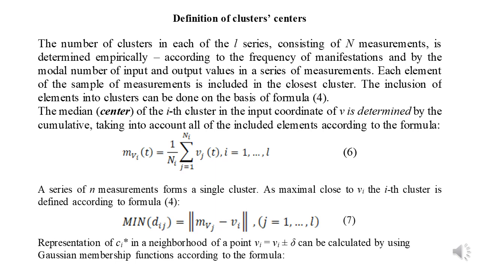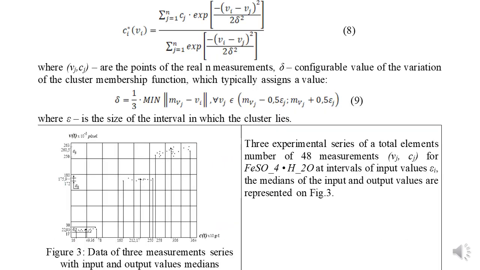Representation of C in the neighborhood of a point nu plus minus delta can be calculated by using Gaussian membership functions according to the formula. According to formula 1, equations number 8.